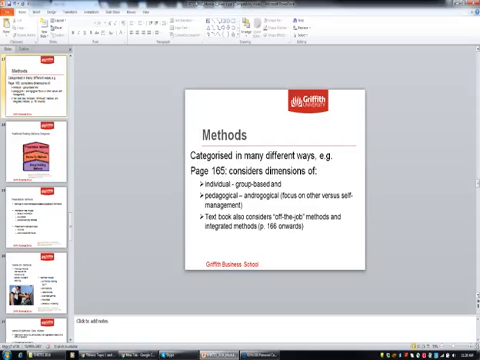So methods, which is obviously a key component of this week's discussion, are categorised in many different ways. Sometimes you'll see them categorised as individual and group based. So what's appropriate for an individual to learn, but what needs to be group based?